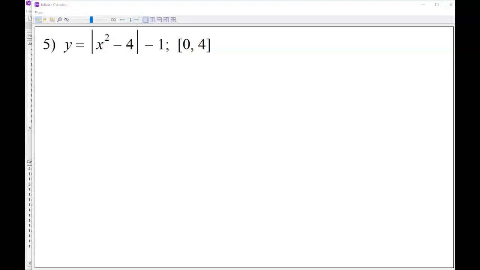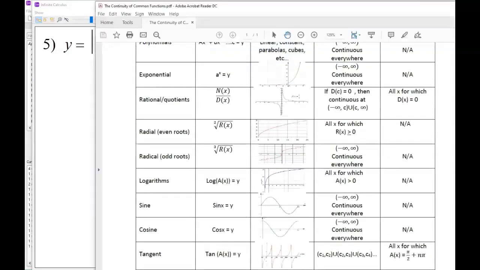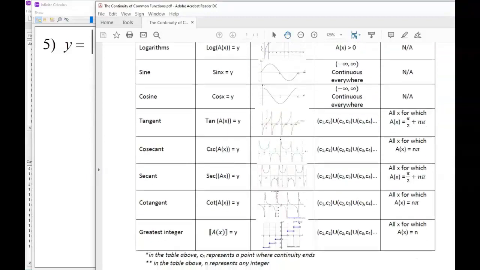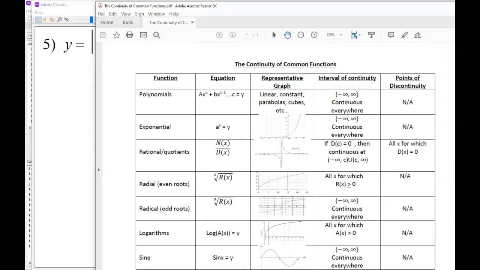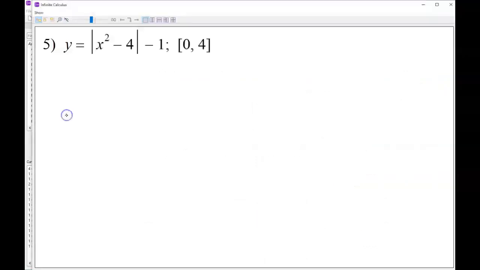So this is an absolute value function. Let's go ahead and see. First of all, absolute value functions are continuous everywhere. Let's see if we can find one here. Do I even have one on here? Nope, I don't have one on here. But I'll tell you now, in our video, they are continuous everywhere.